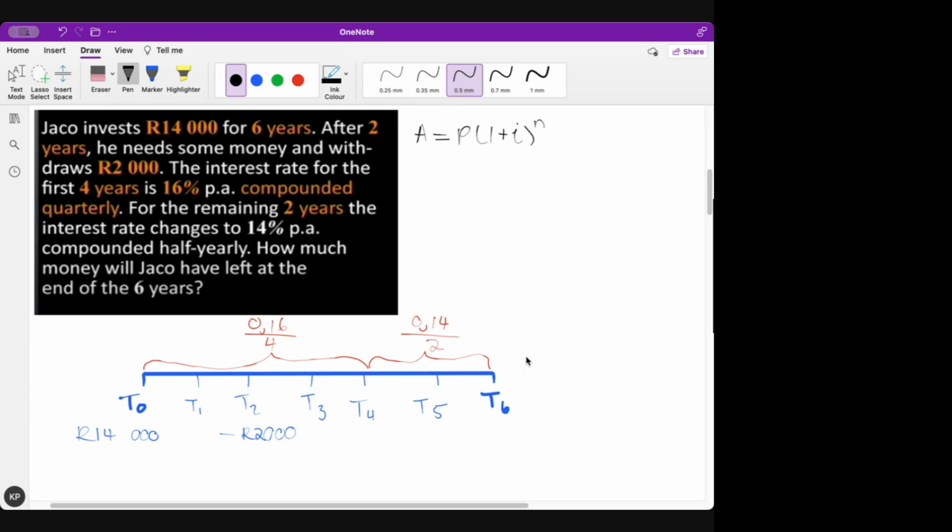So let's start off with the journey of the 14,000 rands, right? So we start off with the 14,000 rands. And for the first 4 years, we have this interest rate, which is 0.16 divided by 4.